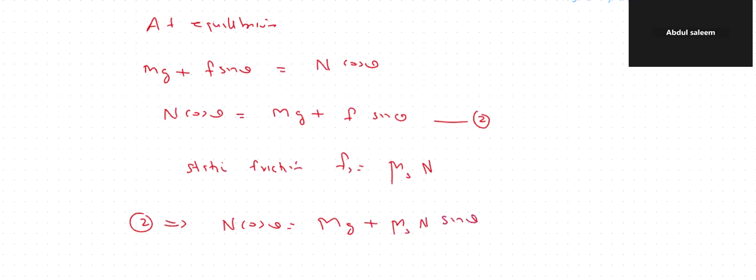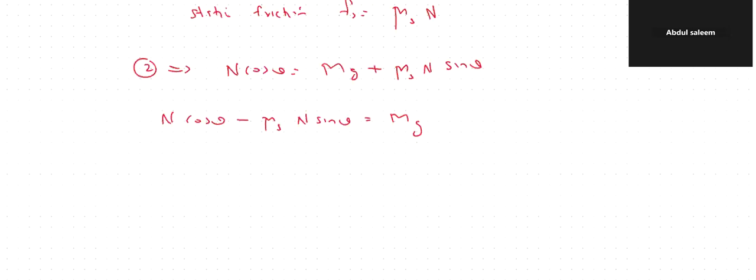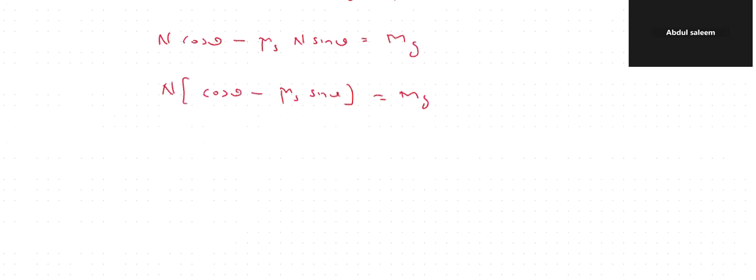Transferring mu s N sin theta to the left side, N cos theta minus mu s N sin theta becomes mg. N is common in both terms, so we take N outside: N into cos theta minus mu s sin theta becomes mg. From this relation, the normal reaction force N is mg divided by cos theta minus mu s sin theta.